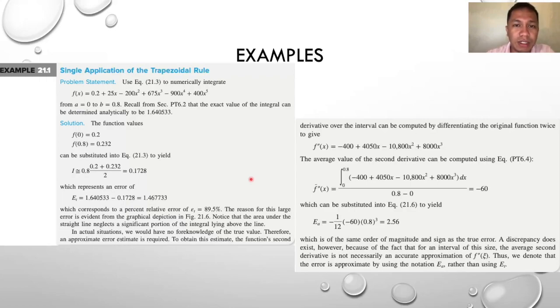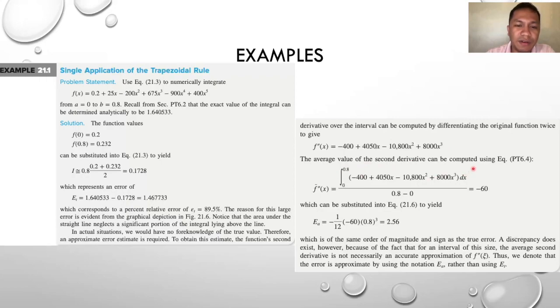In actual situations, we would have no foreknowledge of the true value. Therefore, an approximation error estimate is required. To obtain this estimate, the function's second derivative over the interval can be computed by differentiating the original function twice. So the second derivative is equal to negative 400 plus 1050x minus 18800x squared plus 8000x cubed.